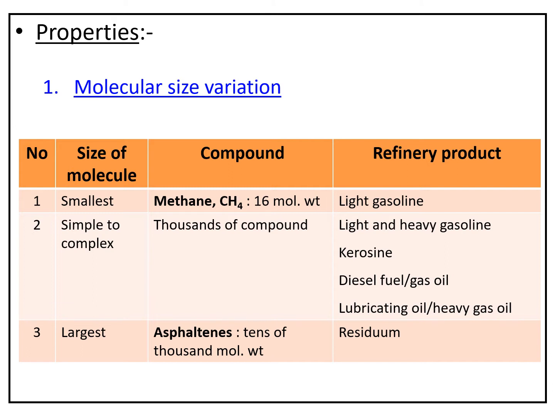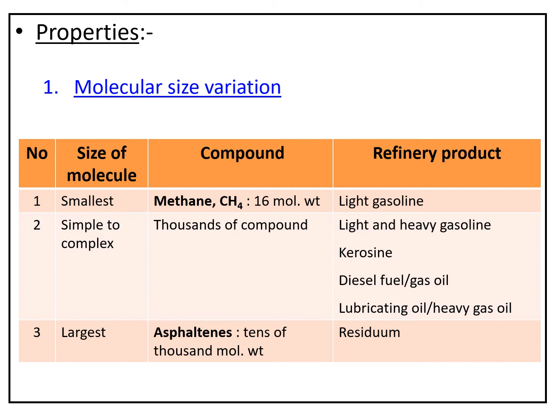As I mentioned earlier, the smallest molecule in petroleum is methane with a molecular weight of 16, and it is found abundantly in gasoline, while the largest molecules are the asphaltenes with molecular weights in the tens of thousands, which will produce residue during the distillation process.